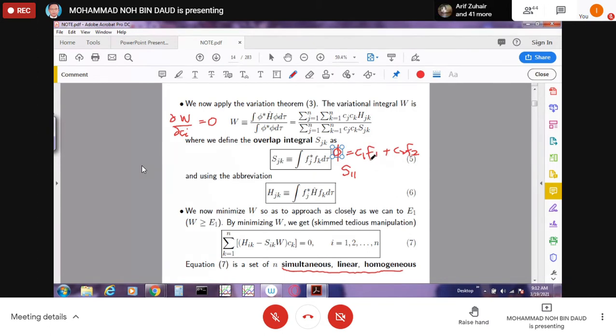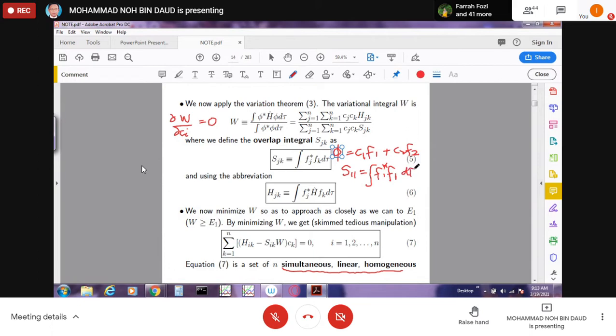The non-trivial solution is the 2 by 2 secular determinant, which is the solution of the two simultaneous equations when we minimize the approximate energy. So the overlap matrix element here is 1.